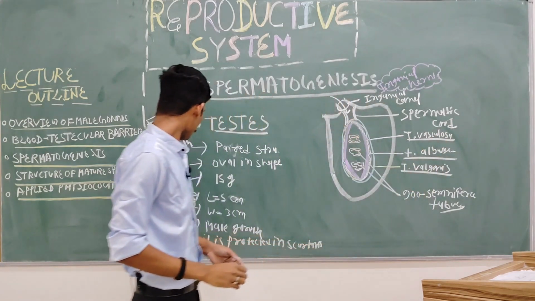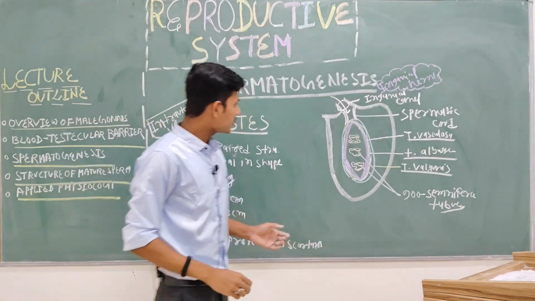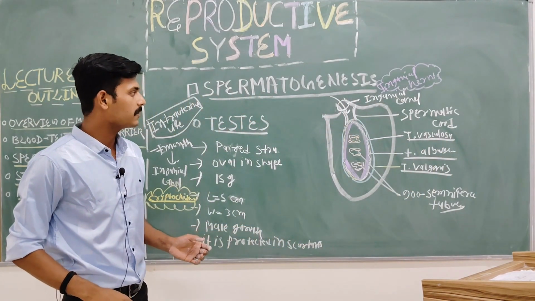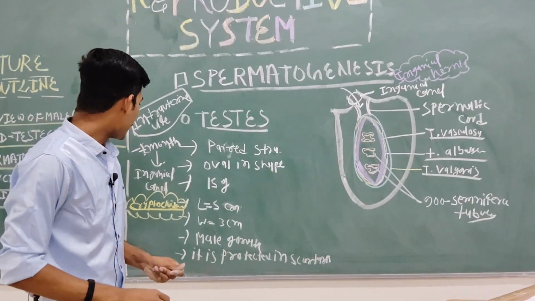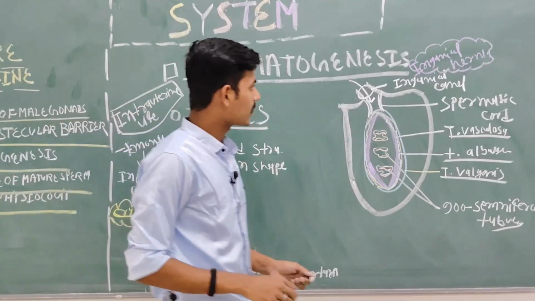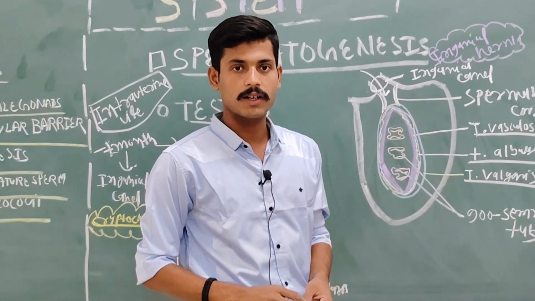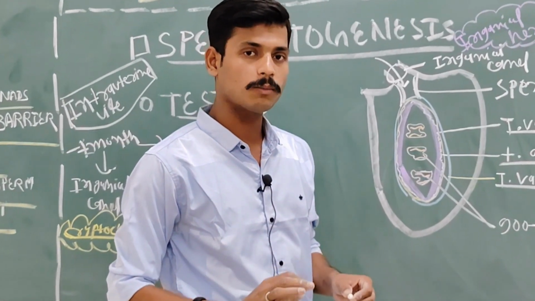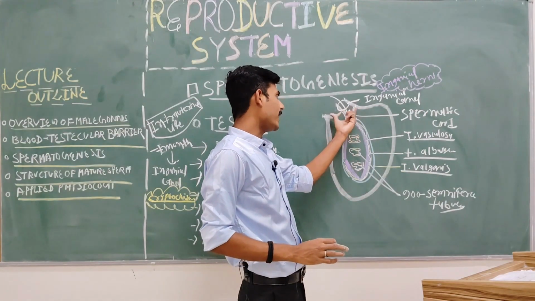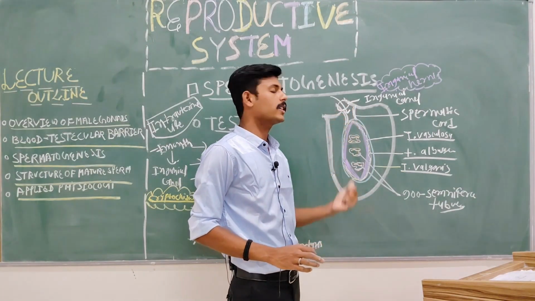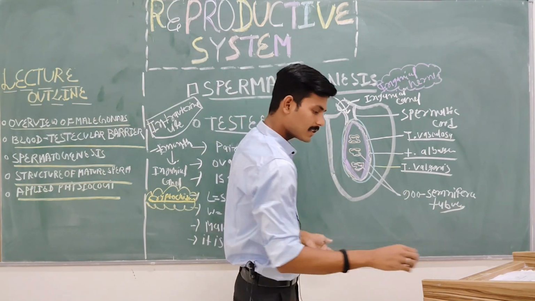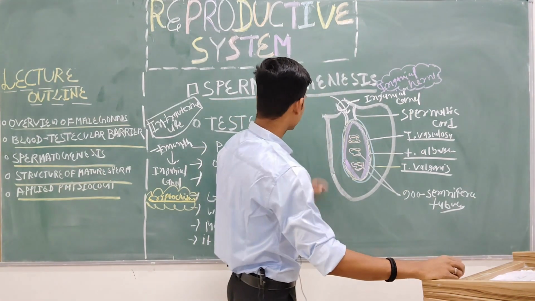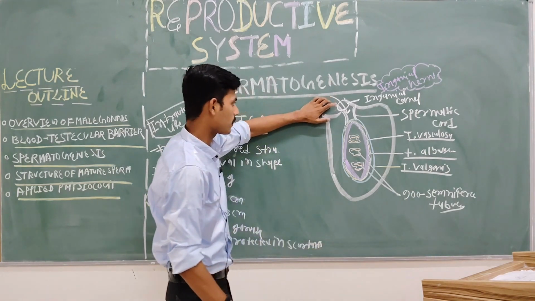Sometimes there is a failure in descending, and that condition is called cryptorchidism. Through surgery, or the introduction of hormones, or widening of the inguinal canal, we can descend the testis into the scrotum and start the process of spermatogenesis.